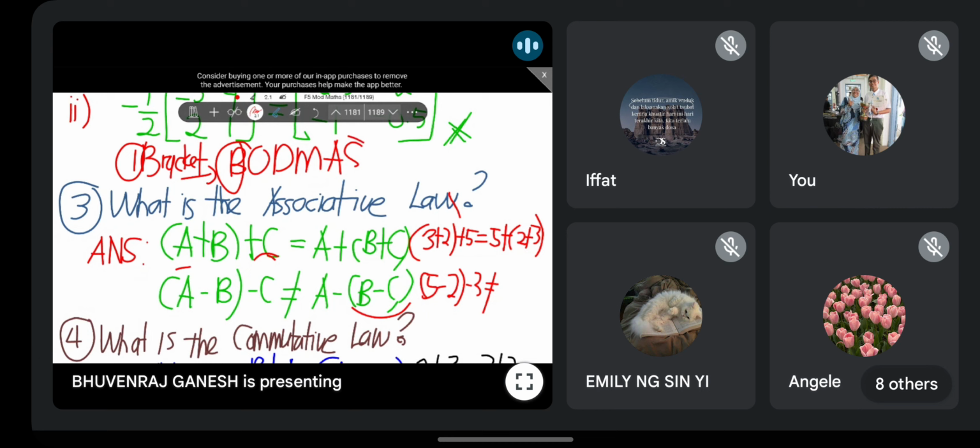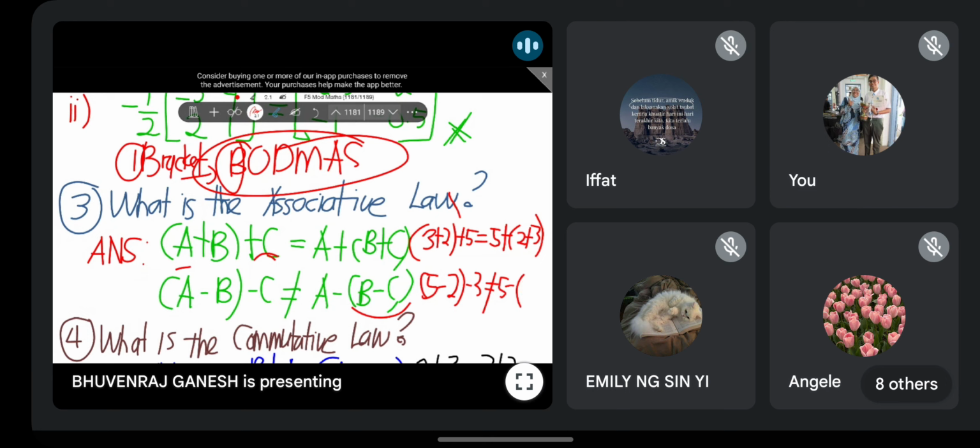Even in matrices, this concept also applies. In this chapter we use BODMAS too, not only for normal subtraction and addition, but it also applies over here. So for this part, you can write it like this: 5 minus 2 minus 3.